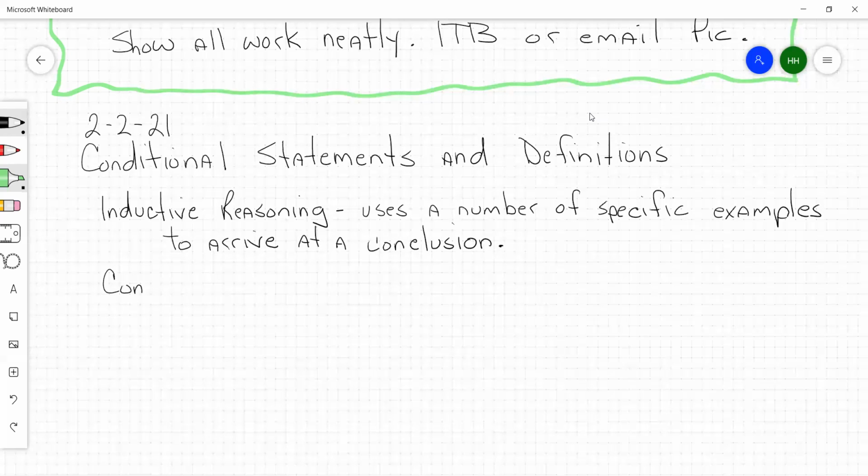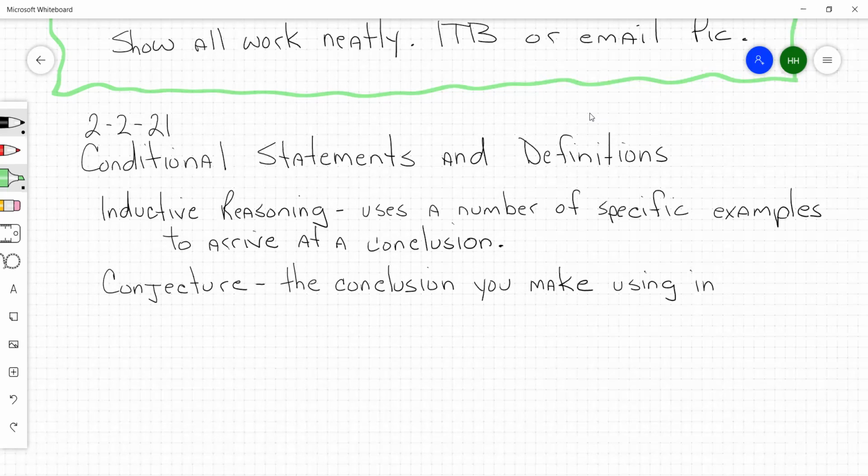Conjecture. That's the conclusion you make using inductive reasoning. You use a number of specific examples to arrive at a conclusion, and then you make a conjecture. That's the conclusion you make using those specific examples.